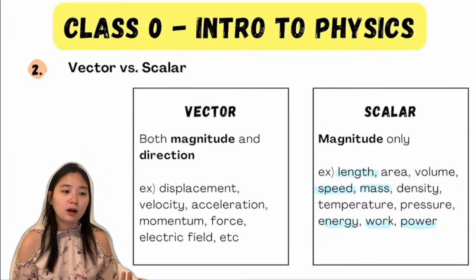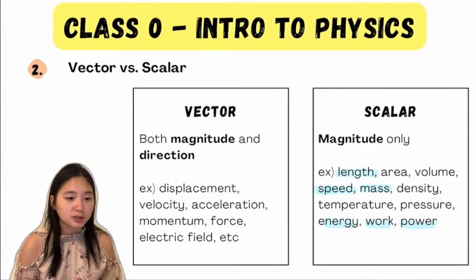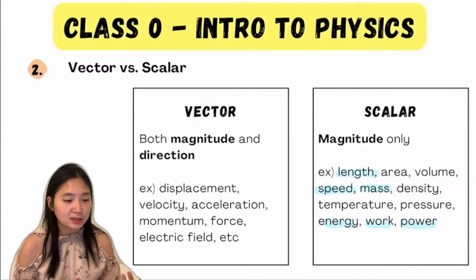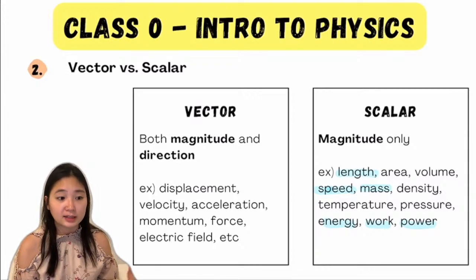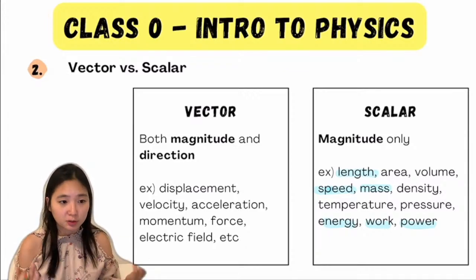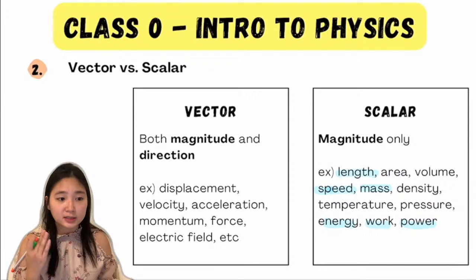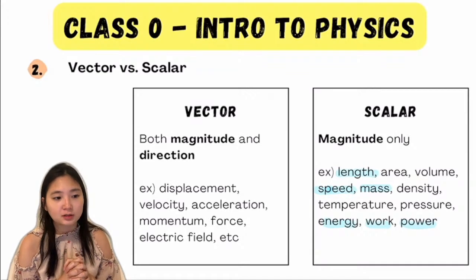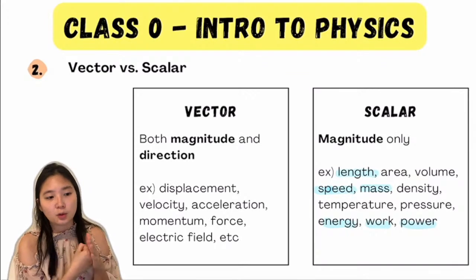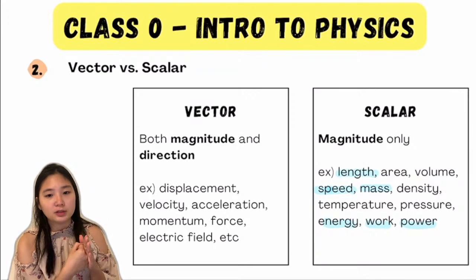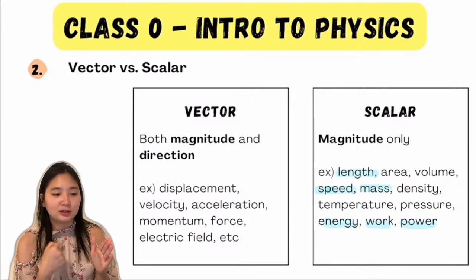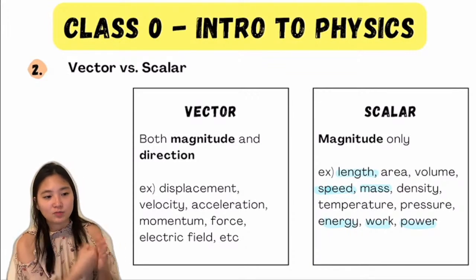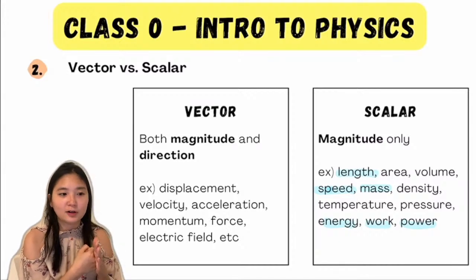And the momentum, because when we calculate momentum, we also use the velocity. Momentum is equal to mass times velocity. Mass is scalar, but the velocity is a vector. So eventually momentum also becomes a vector. And force is also a vector. The very basic definition of a force: think of when you're hitting someone. You must be hitting him or her either in their face or in their tummy or whatever.